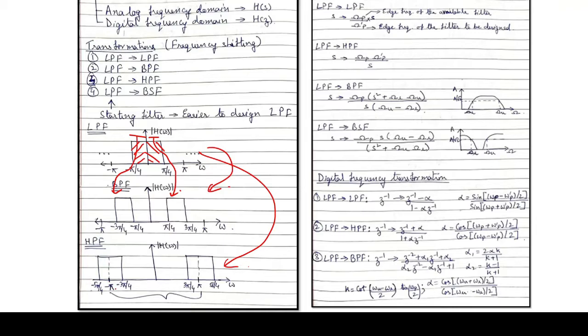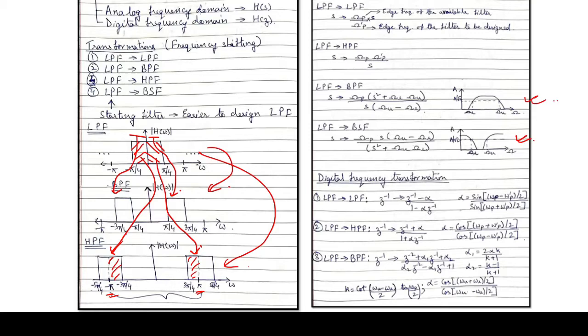In the minus pi to pi region, if you see this region and this region, the area remains the same. In this way we can look into it. Similarly we can go for the band stop filter. The band stop filter would look something like this, whereas the band pass filter would look something like this.